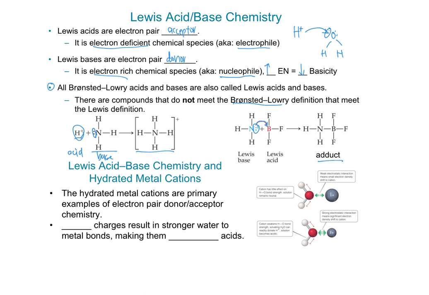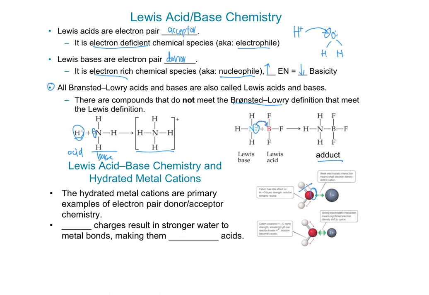And then it also helps to include our hydrated metal cations, because they are bonding with the electron pairs from water, which indirectly causes the surrounding waters to give up more hydrogen ions from those hydrated waters.